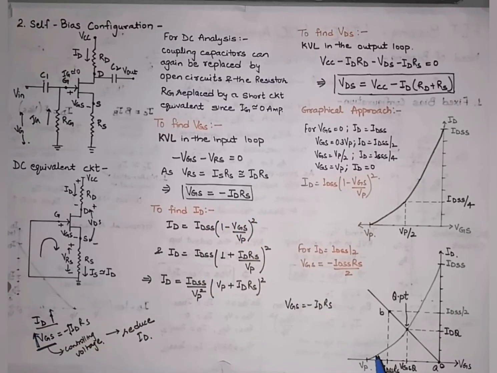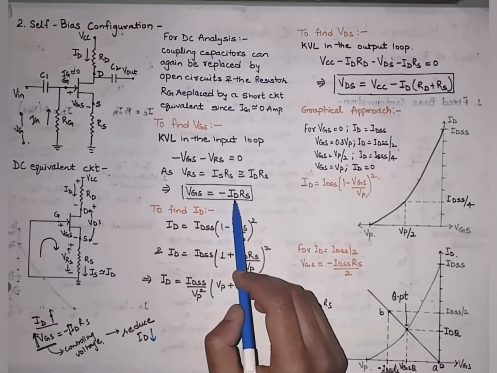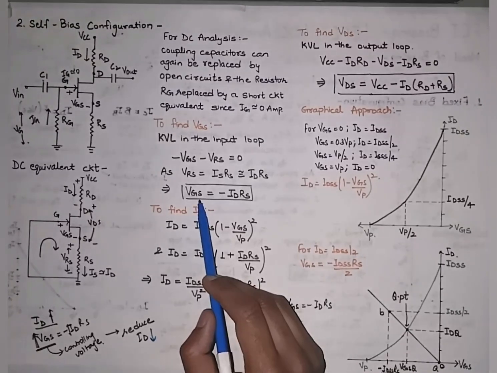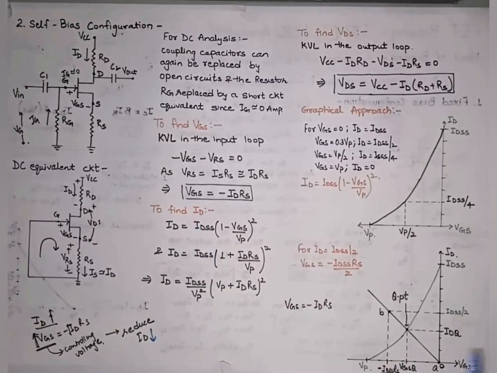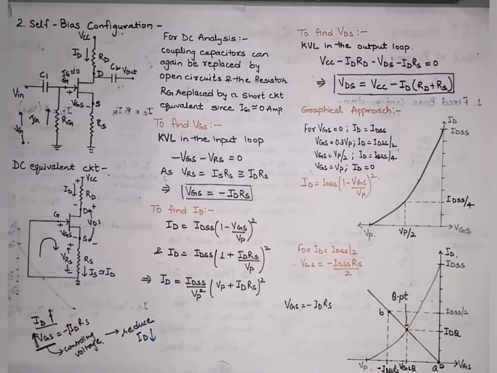Due to this increase in VGS, as it is acting as a controlling voltage, this will reduce the value of ID and the drain current will reduce. So whatever increase we obtained in ID due to temperature variations was compensated by the gate source voltage VGS. That's why it is called self-bias, because it provides itself a reduction in the increase of the drain current.